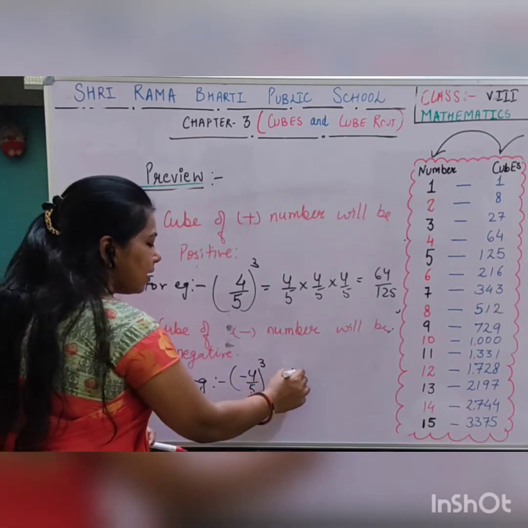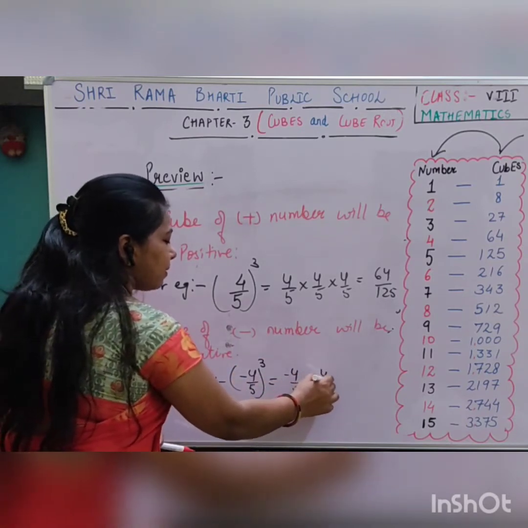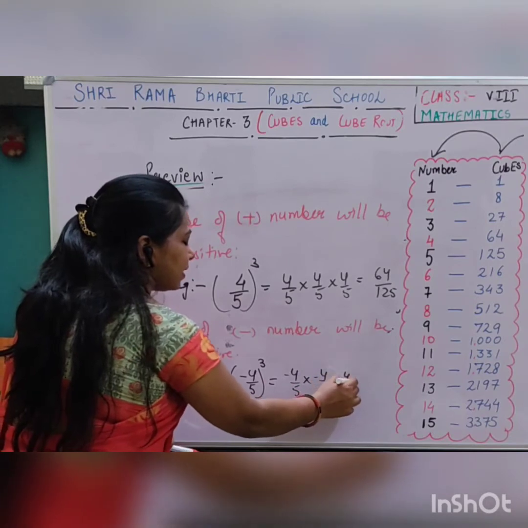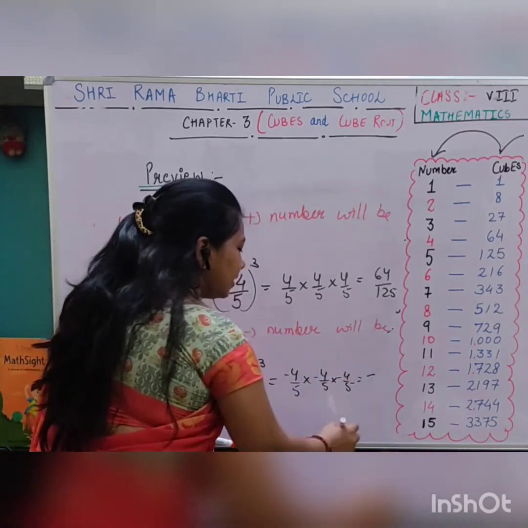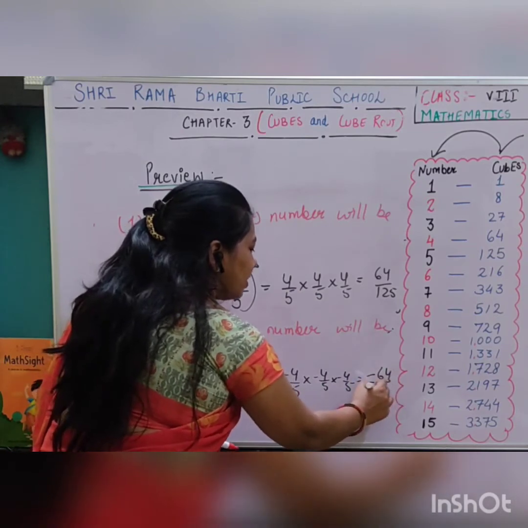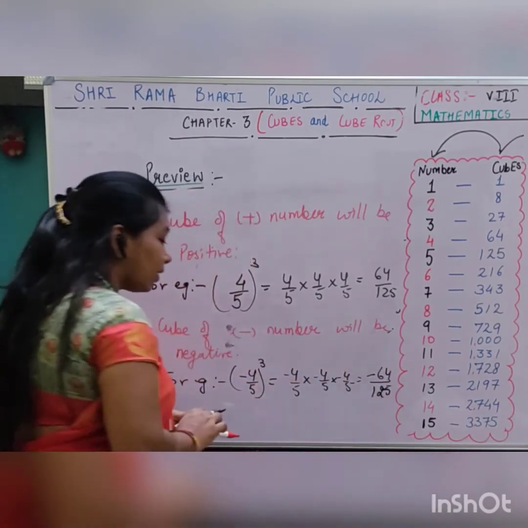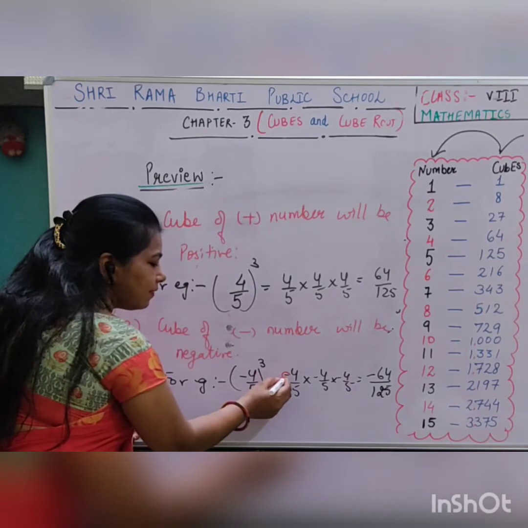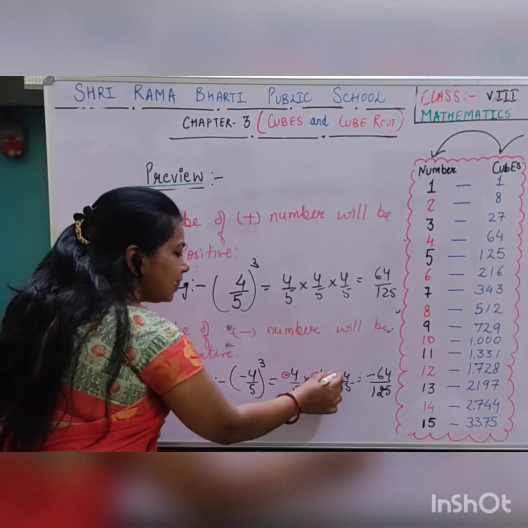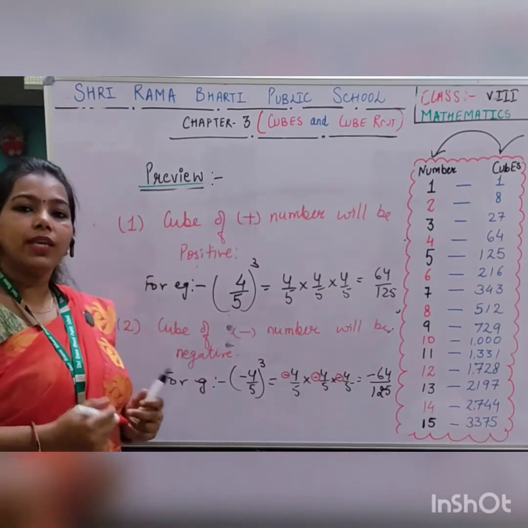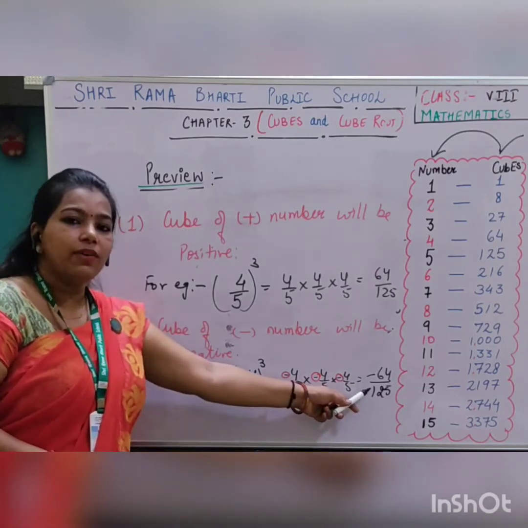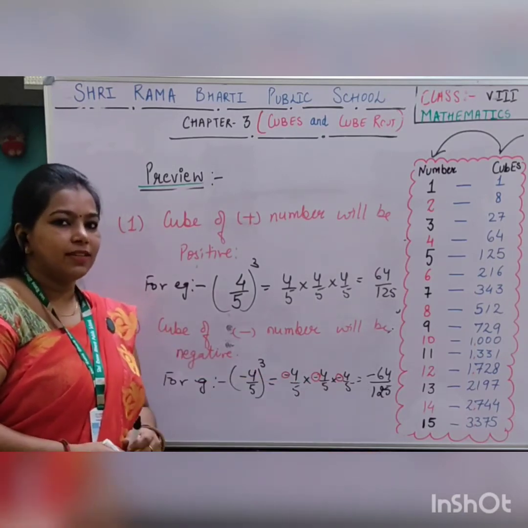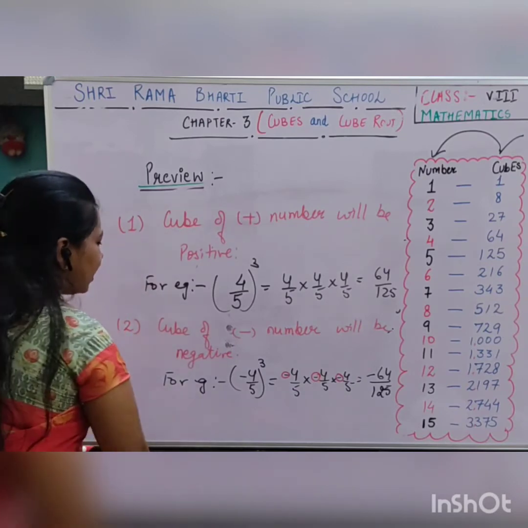So it would be minus 4 by 5 multiplied by minus 4 by 5 multiplied by minus 4 by 5. It will give us minus 64 upon 125. Why? As we have already discussed, when the minus sign is multiplied by itself an odd number of times, our answer will always be negative. Right?